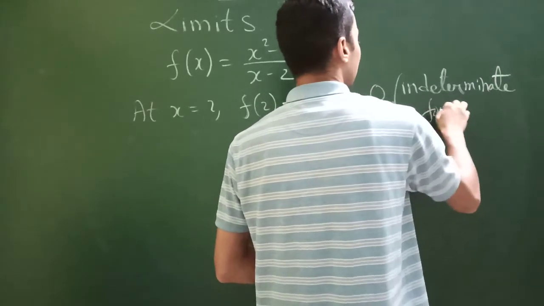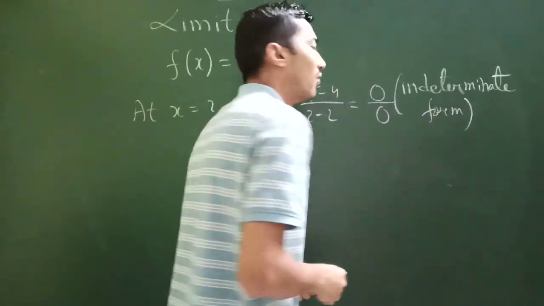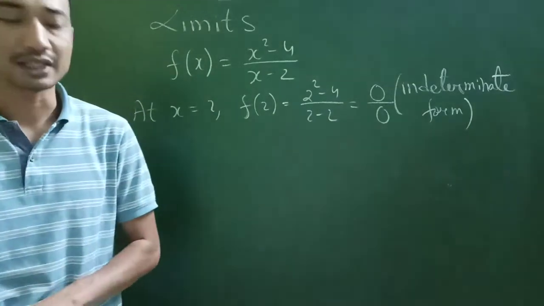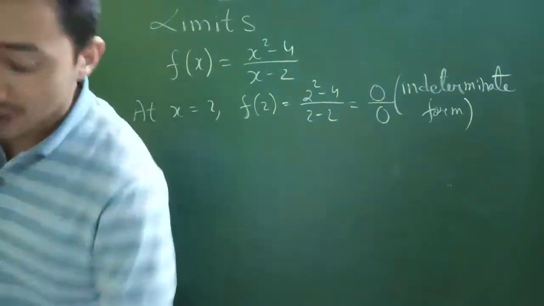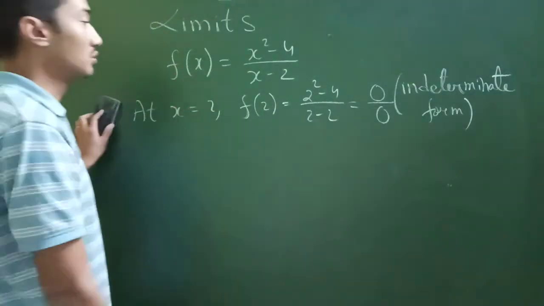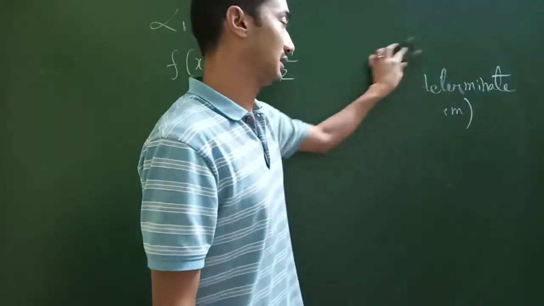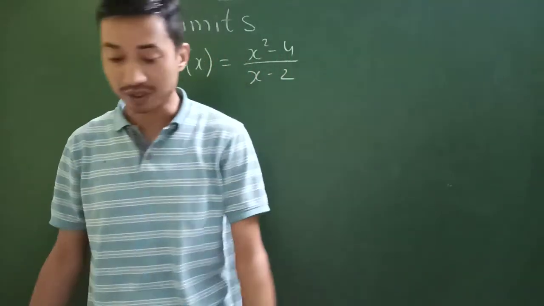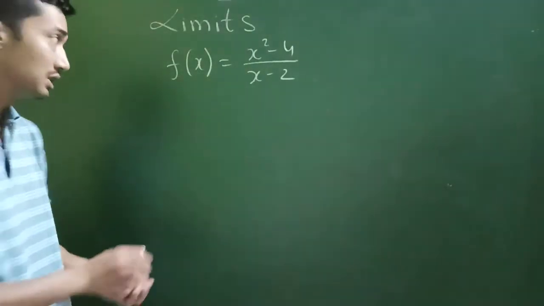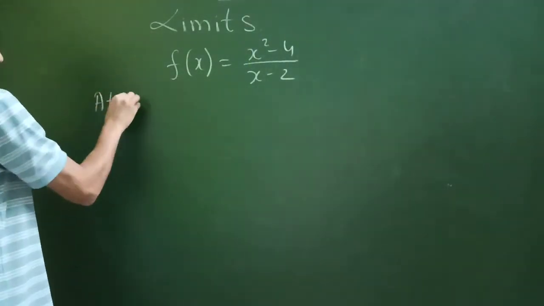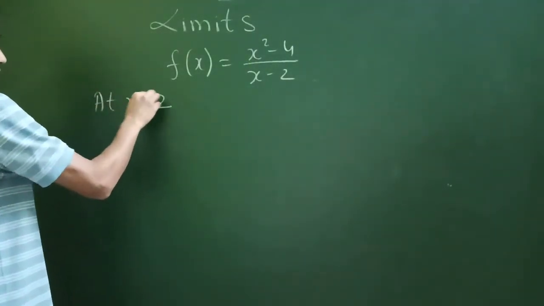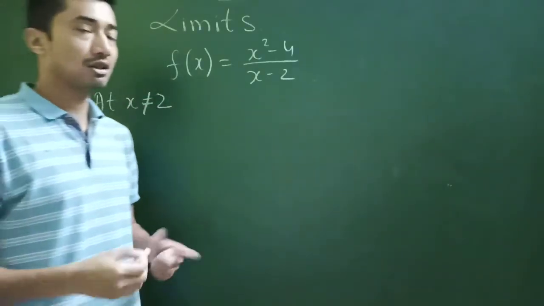Indeterminate form. So 0 by 0 is actually not accepted. That means this function at x equal to 2 does not exist. There will not be any particular value. So that means then definitely what will happen at x not equal to 2.